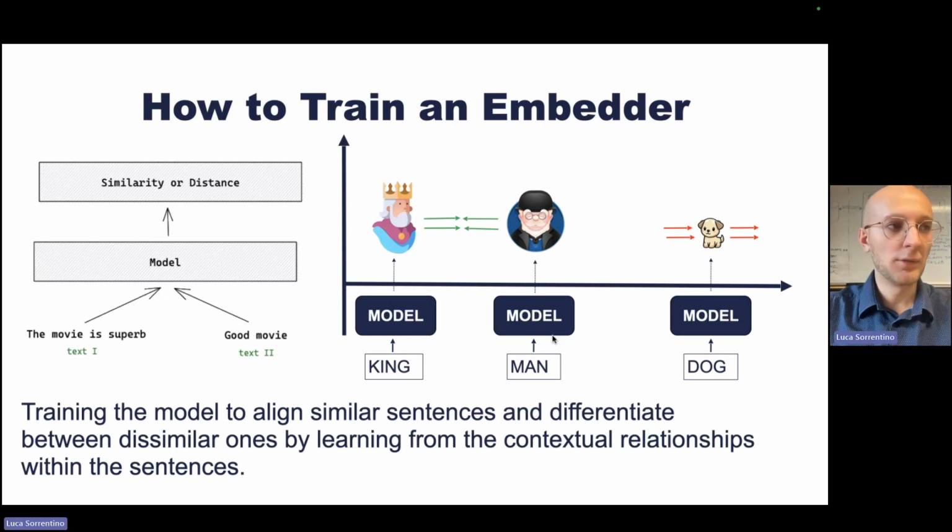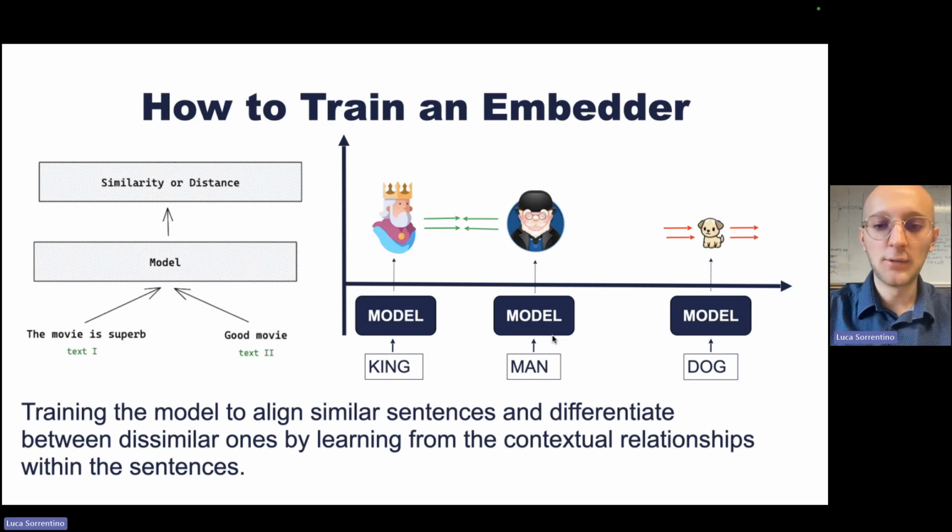I mean, we can compute the distance between vectors, and we can do this with cosine distance, that calculates a scalar, a single value that indicates how similar or different the given vectors are. And we want the model to be able to produce different vectors for sentences with different meaning and vice versa.